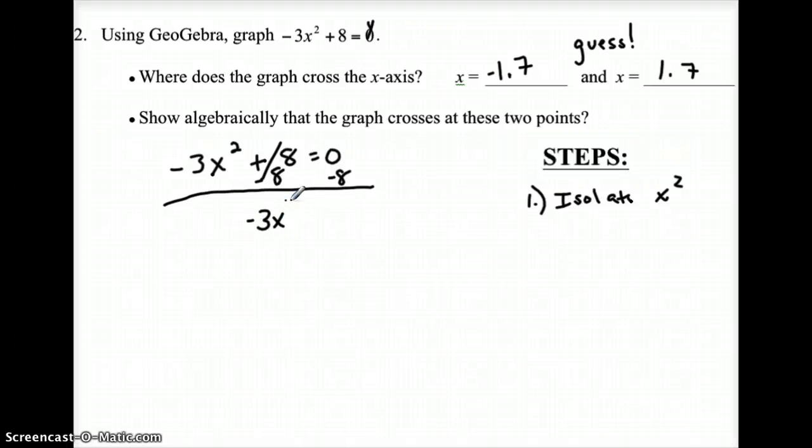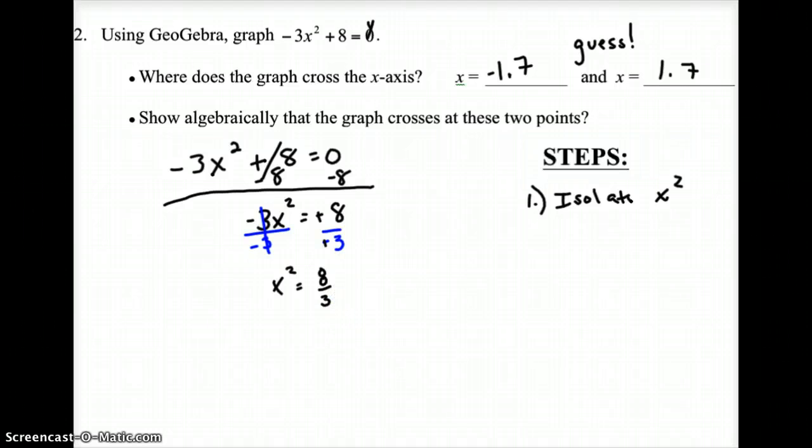So I have negative 3x squared equaling negative 8. Then I'm going to divide by negative 3. So then I'm going to have x squared equals, two negatives turn to a positive, so I'm just dealing with the positive 8/3 as the fraction.